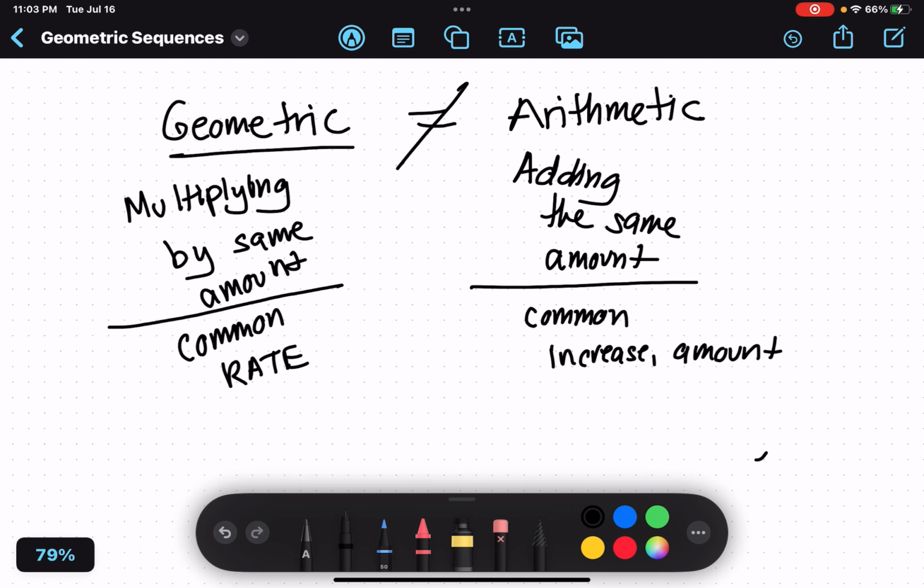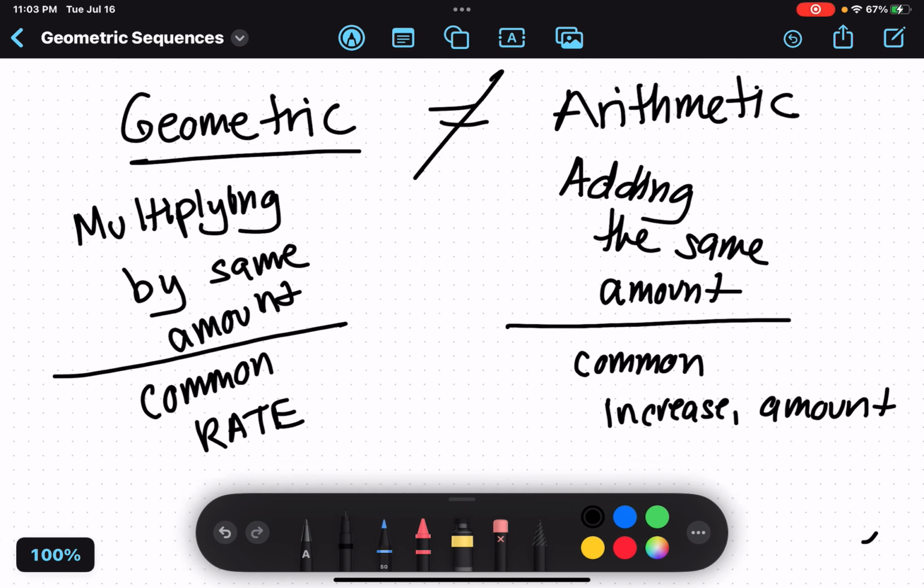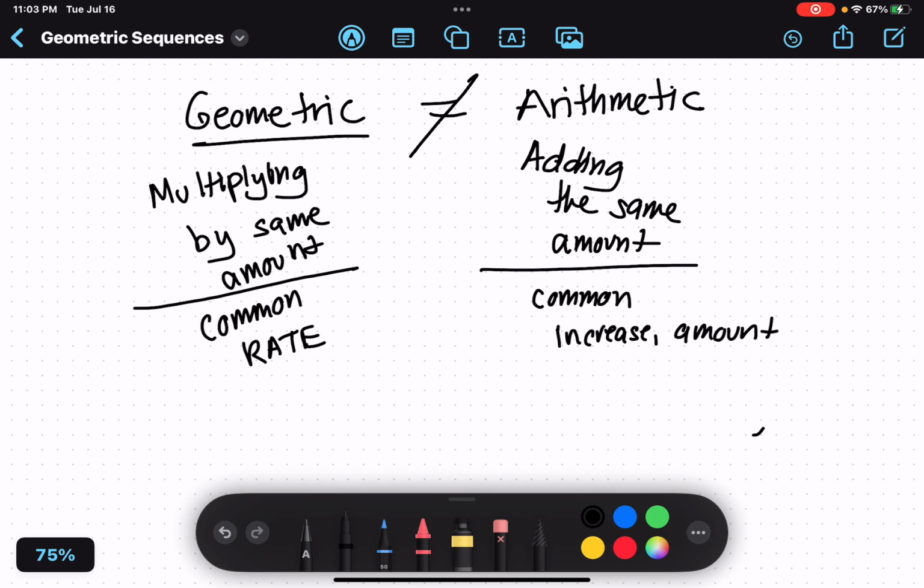So let's say we had a sequence and we're trying to get the third term. Our first term is 3, and our common difference is 2.